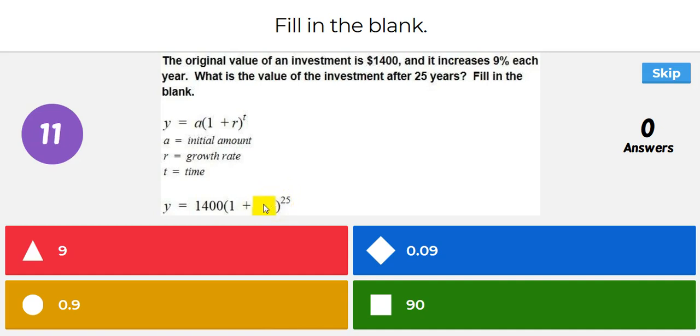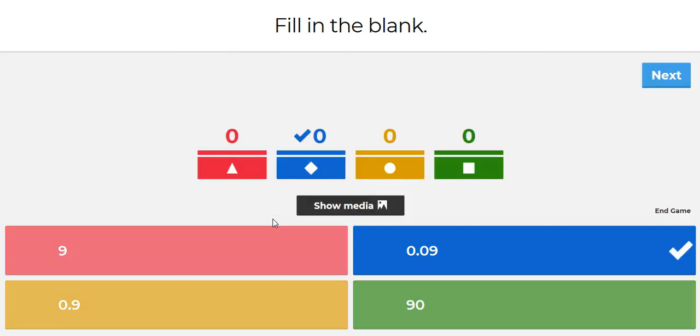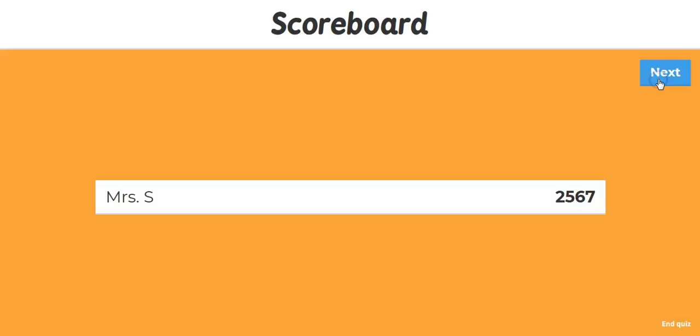But here for the rate, you want to put the 9% as a decimal. 9% is the same as 9 over 10, I said over 10, I'm sorry. It's 9 over 100, and so that is 0.09. All percents can be changed to decimals by dividing by 100.